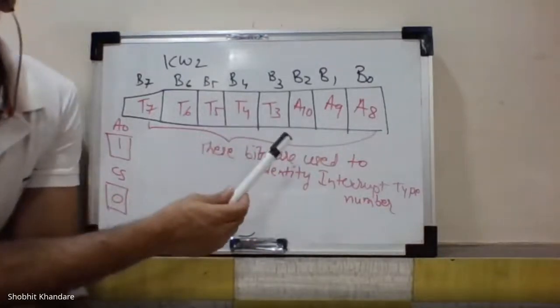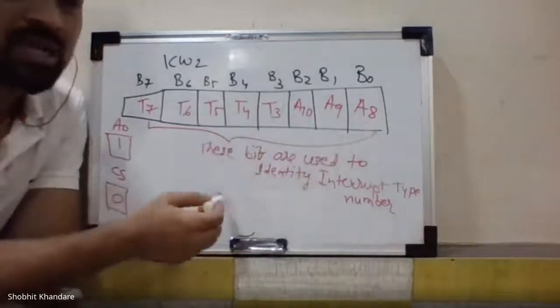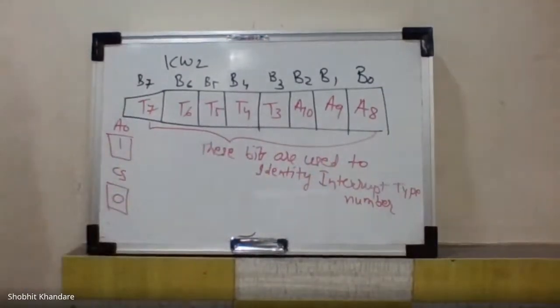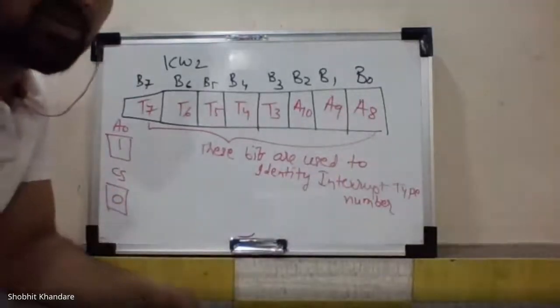So these particular three bits are inserted by 8259.